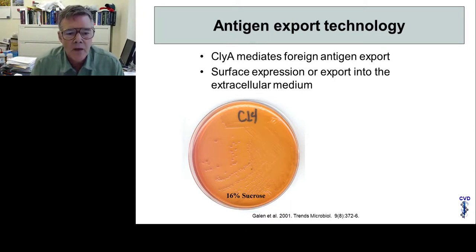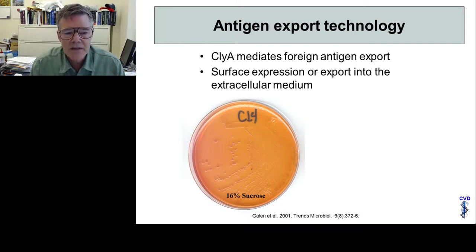When I first developed this export technology, I wanted to see if ClyA could actually do this. And so I focused on a protein called SacB. For some of you that have used SacB in enteric bacteria engineering, SacB makes an enzyme called levansucrase.